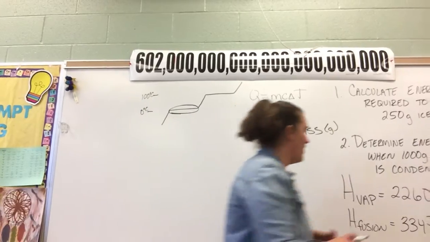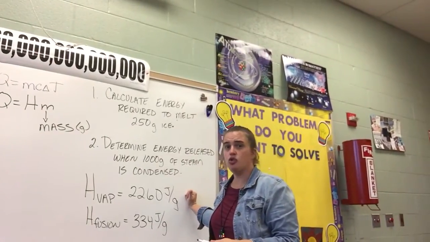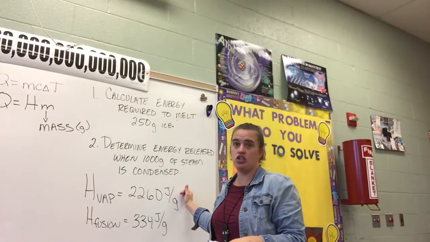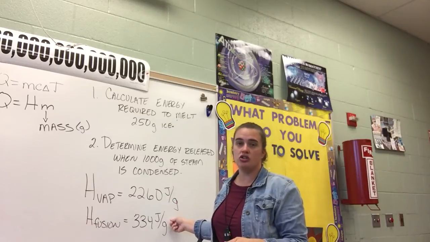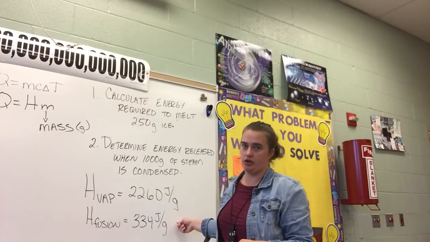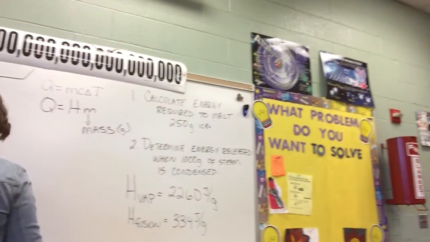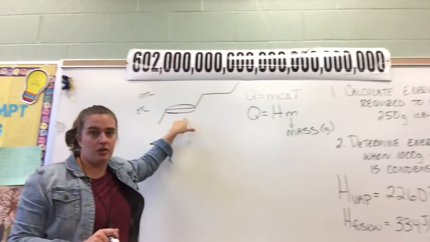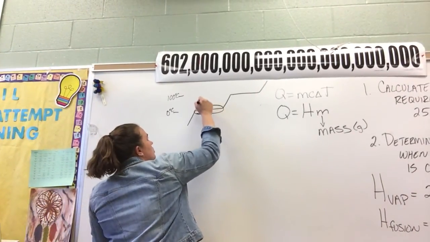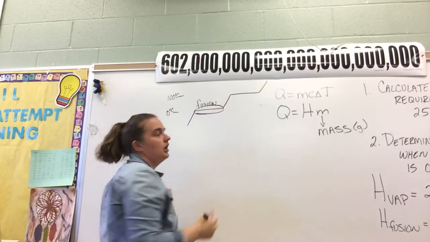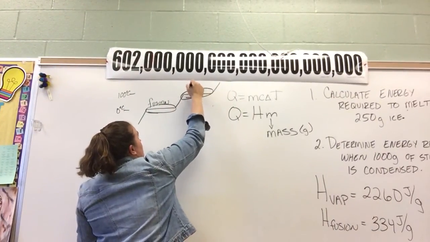My heat of vaporization is 2,260 joules per gram, and my heat of fusion is 334 joules per gram. My heat of fusion is my first plateau, my melting or freezing, so this is where I would use my fusion value. My second plateau is my vaporization.